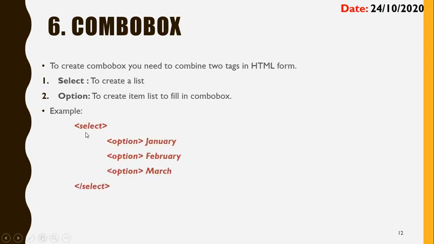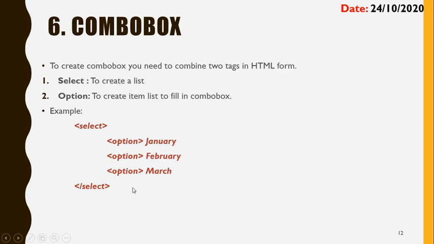On the outside you have to write select, and at the end you have to close the select. Then you have to give the options. Suppose you are giving the user a choice to select a month, so the options are months: you have to write January, February. Before that you have to write option.